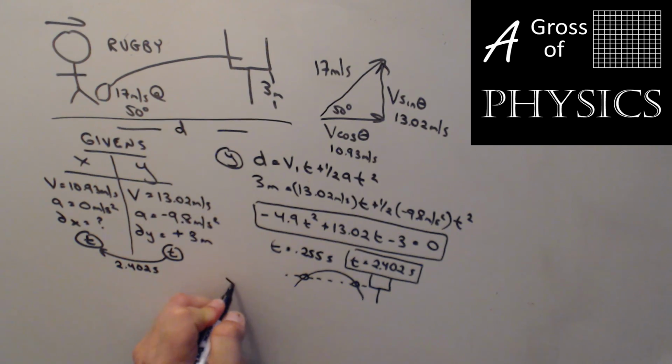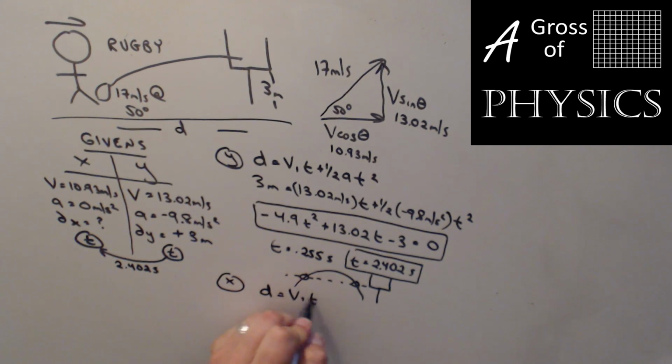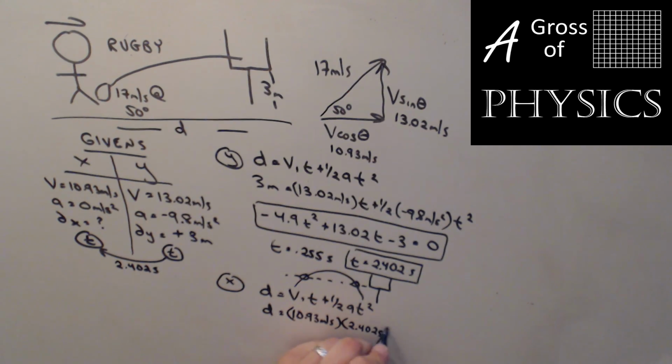So now I'm going to use the x direction, and I'll say d equals vi t plus 1/2 a t squared. d is what I'm looking for: 10.93 times 2.402.